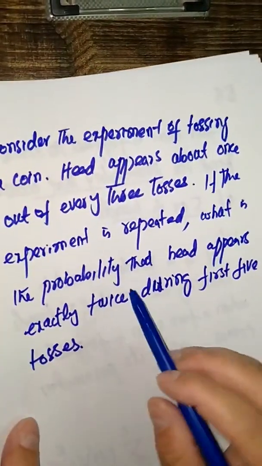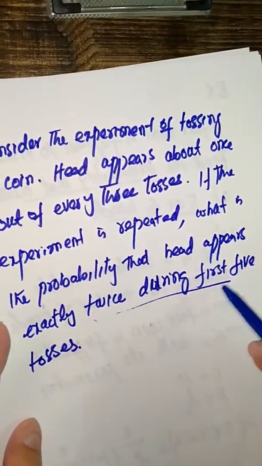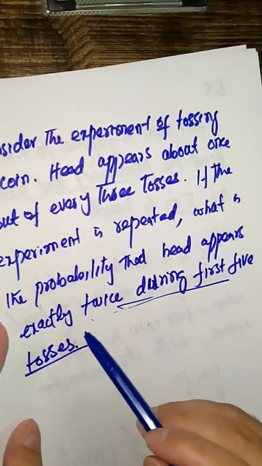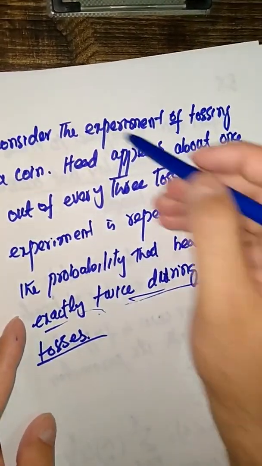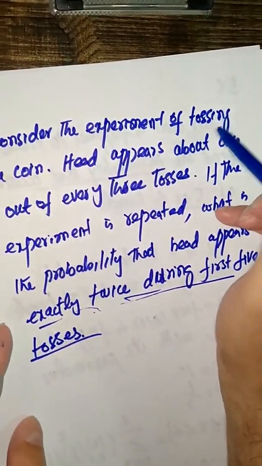Now the number of tosses in this question is 5, and we have to find the head appears exactly twice.